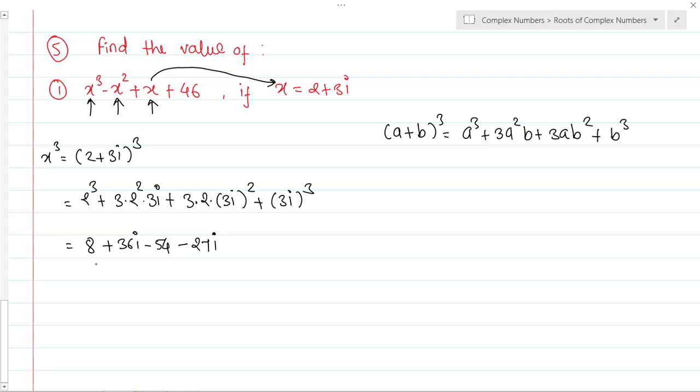So what is the value of this? Minus 54 plus 8 is minus 46, and 36 minus 27 is plus 9i. This is the value of x cube.